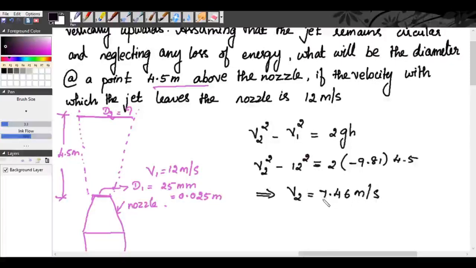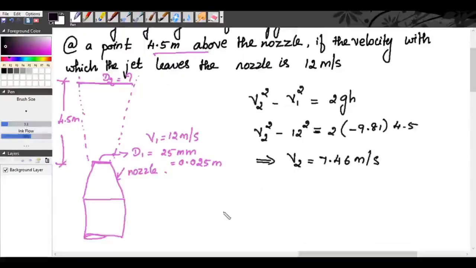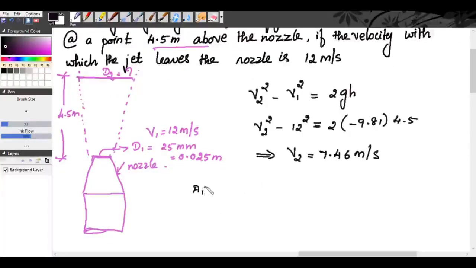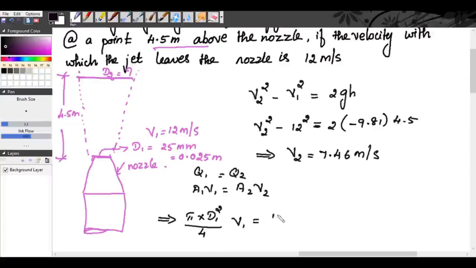Now you can apply the continuity equation. So our continuity equation is A1 V1 is equal to A2 V2. That is Q1 is equal to Q2. From which we get A1, that is pi into D1 square by 4 into V1 is equal to pi into D2 square by 4 into V2.